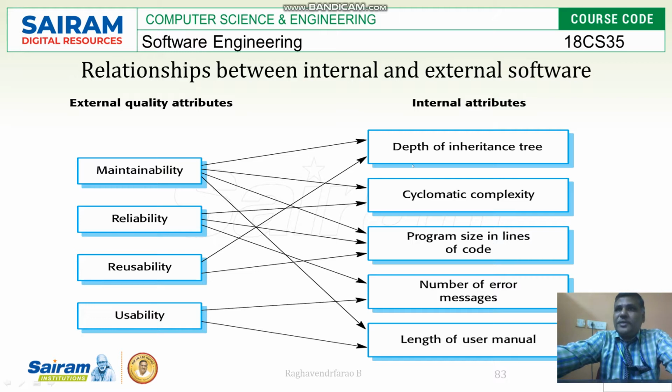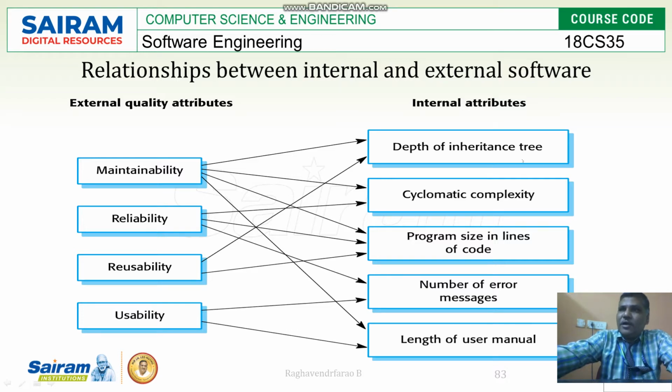Maintainability deals with depth of inheritance tree, cyclomatic complexity, program size and lines of code, and length of the user manual. All four points relate to maintainability, and that is needed for that.